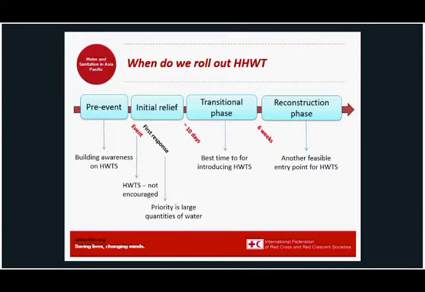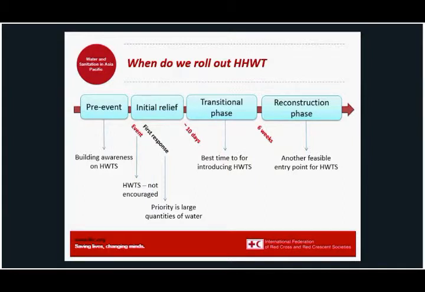And promotion, building awareness regarding household water treatment, can also be conducted during this phase before the emergency.